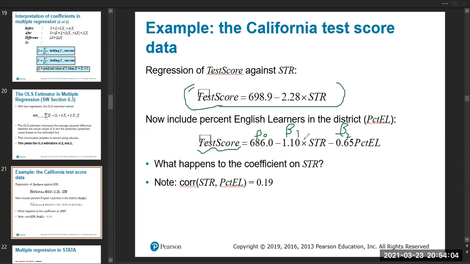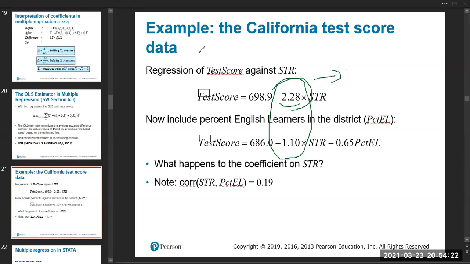So clearly, what happened to beta 1? Beta 1 changed by at least half. Before it was minus 2.2, now it's minus 1.1. Why is that? Because this one is biased.